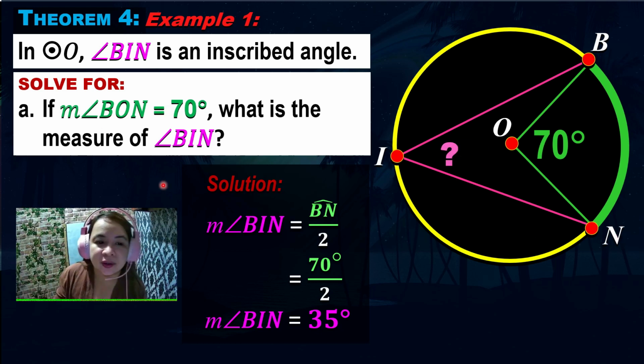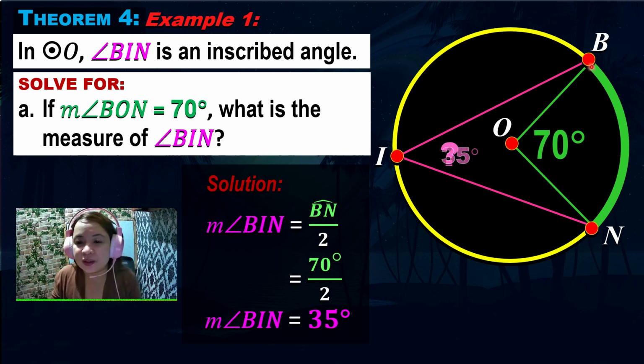Now, remember, on the theorem given, the measure of the inscribed angle is 1/2 the measure of its intercepted arc. Now, syempre, yung intercepted arc natin dito ay arc BN. At ang measure ng arc BN will also be the measure of its central angle. So, ang central angle natin ay angle BON, which is 70 degrees. So, ibig sabihin, ang arc BN natin ay 70 degrees. So, ano daw ang measure ng angle BIN?